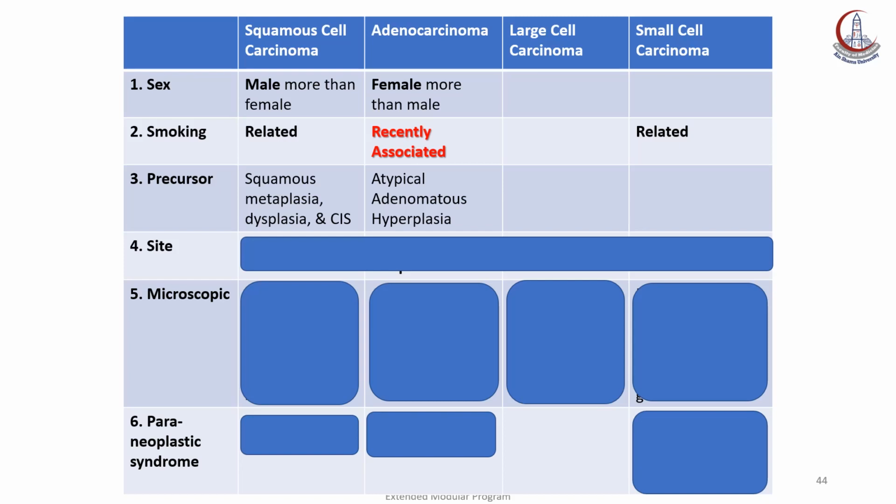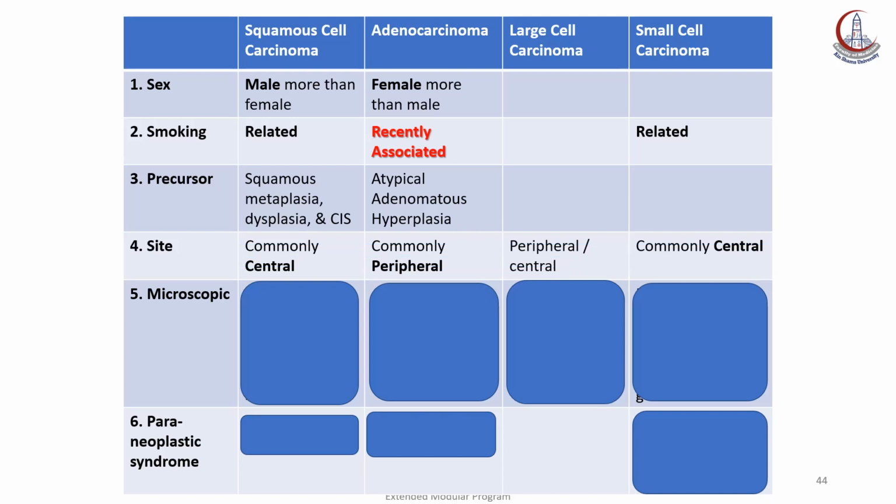The precursor of adenocarcinoma is atypical adenomatous hyperplasia. Squamous cell carcinoma and small cell carcinoma located in the central part of the lung near the main hilum. The adenocarcinoma commonly peripheral. The large cell carcinoma can occur central or peripheral.